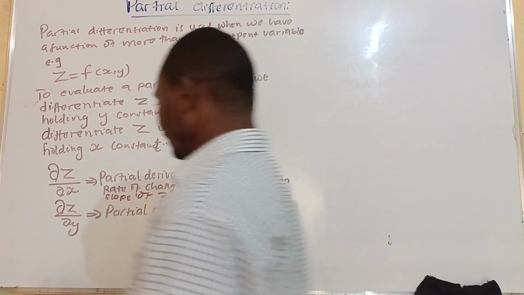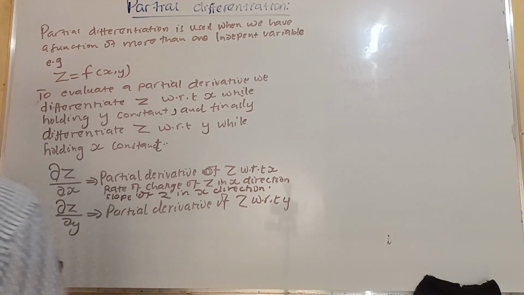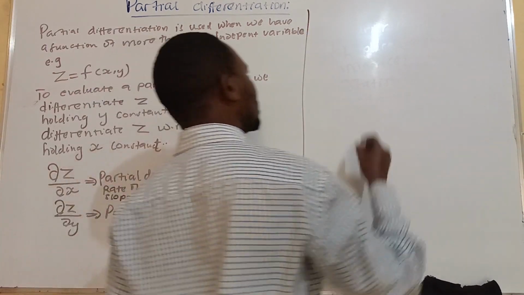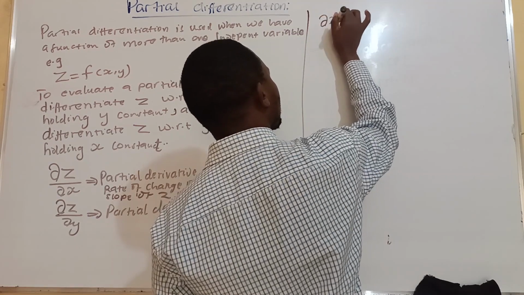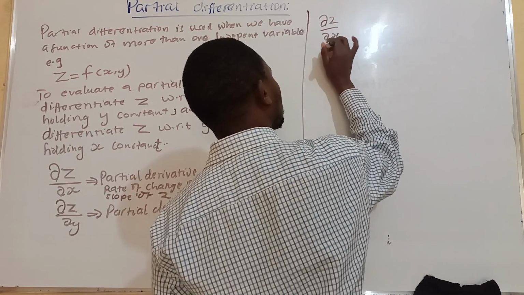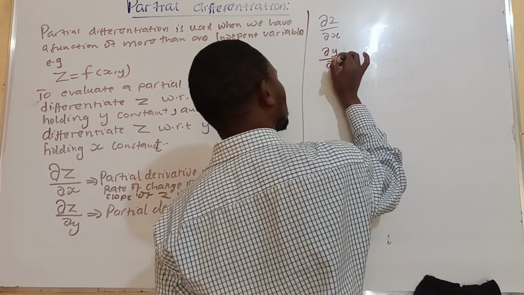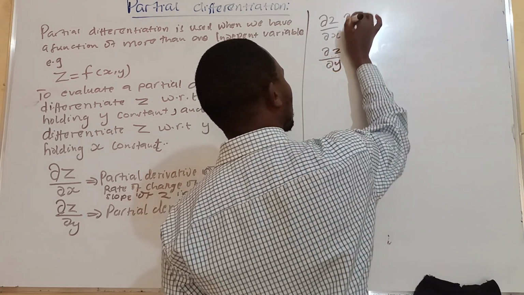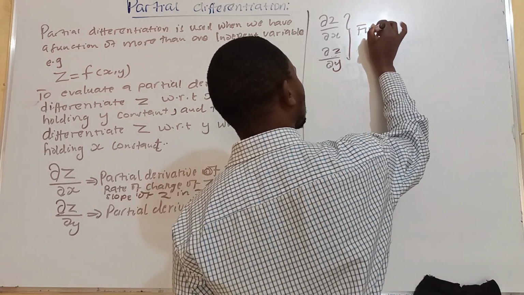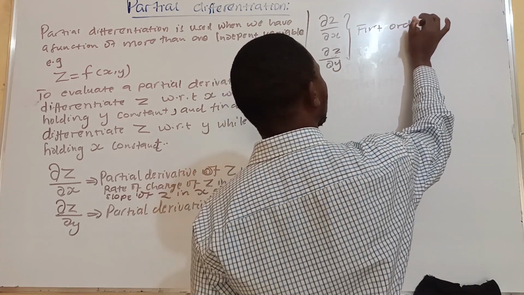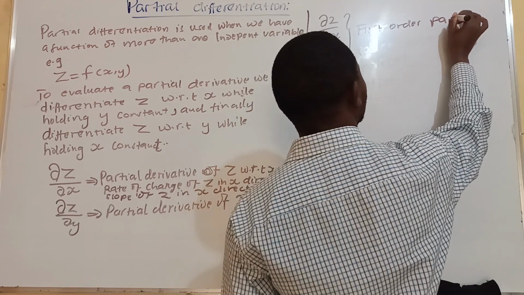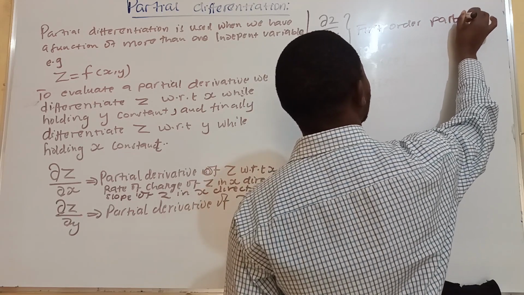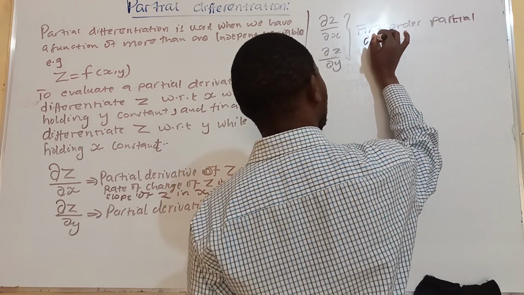Now, just as we did previously, these two, z with respect to x and z with respect to y, are called first order partial derivatives.